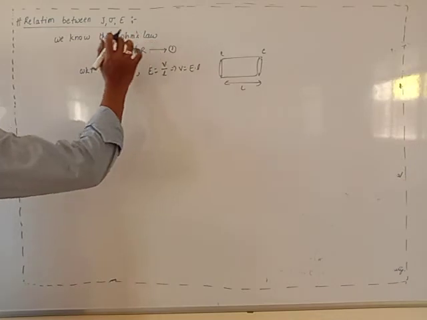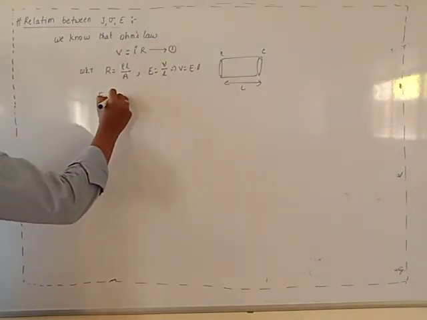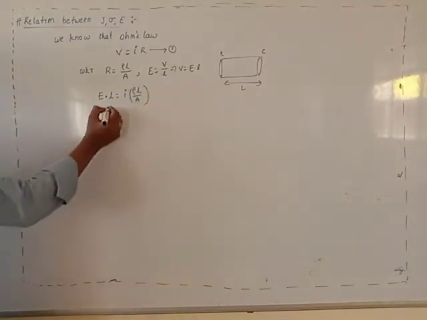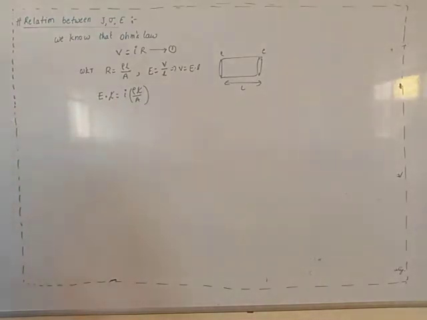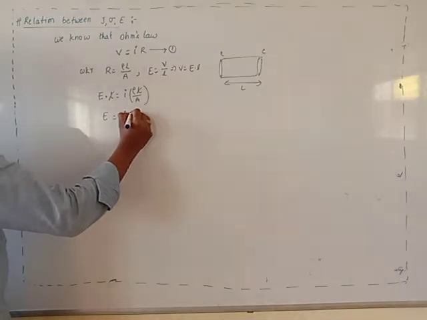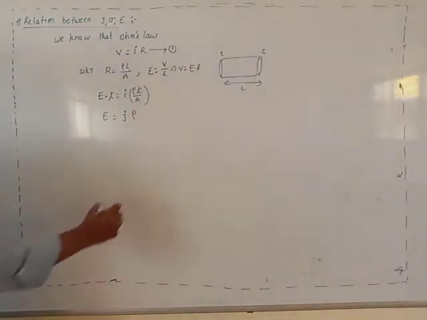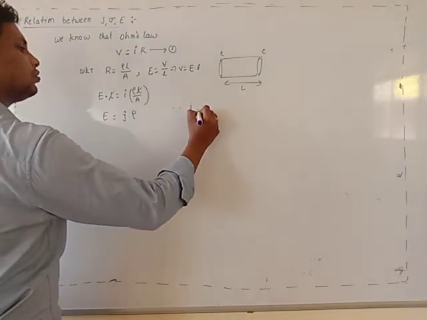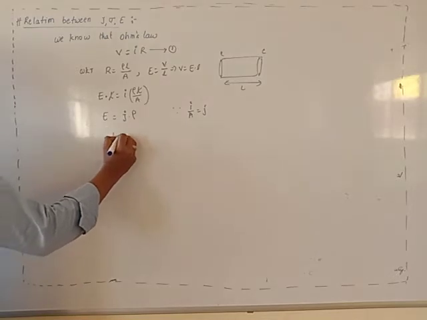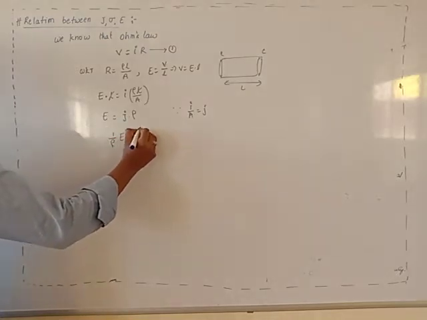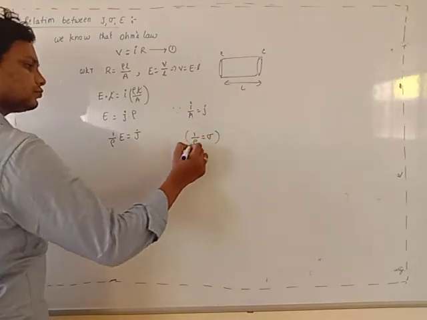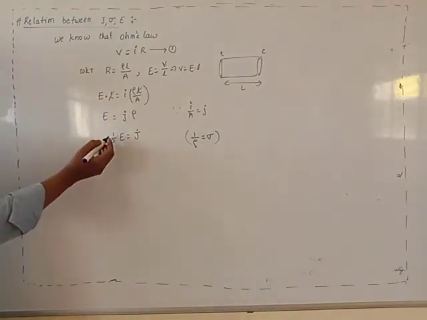Now substitute these two values in the above equation, then we have E into L is equal to I into R value, rho L by A. Now cancel L and L. Then we have E is equal to, I will write I by A value as J, into rho, since I by A is equal to J. Now I bring this rho to the left hand side, then 1 by rho into E is equal to J. Now we know that 1 by rho is equal to sigma, where sigma is conductivity, the reciprocal of resistivity.